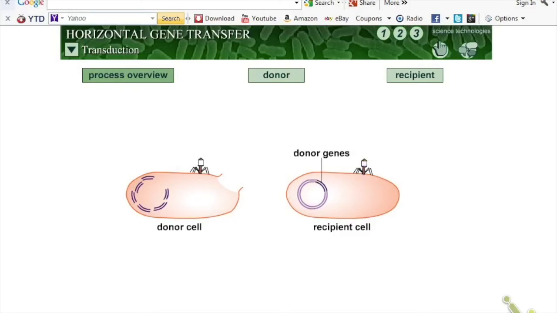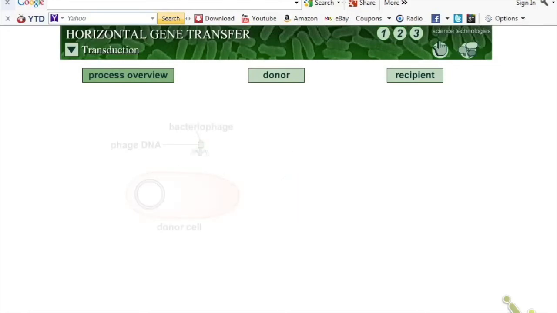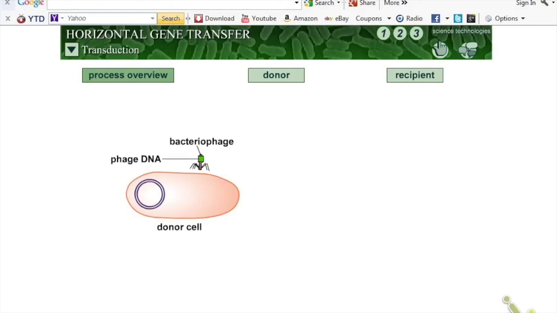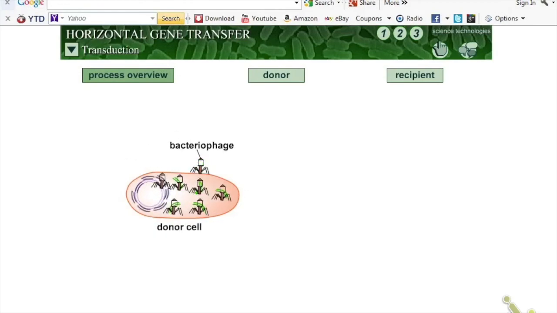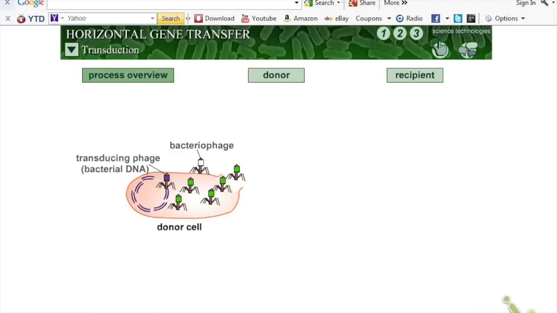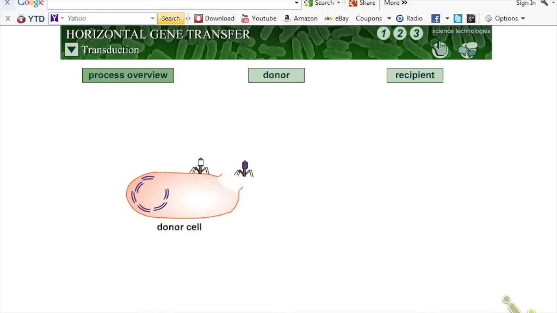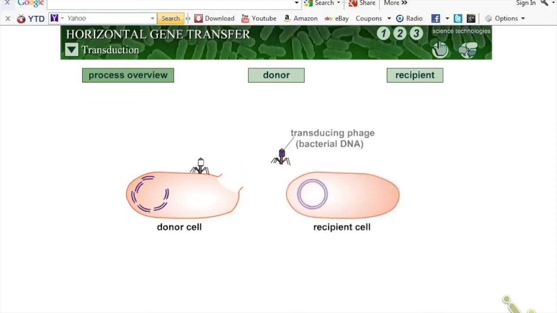See? So when a bacteriophage infects the bacteria, bacteriophage is a Latin term which means bacteria eating virus. So the virus will not literally eat, but will cause lysis. There are two types of life cycle: lytic cycle, and the other one is lysogeny.